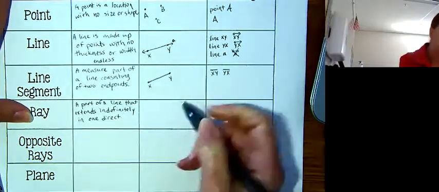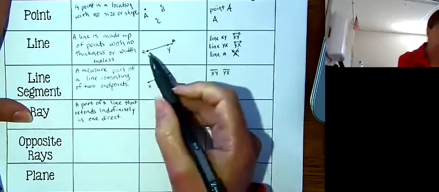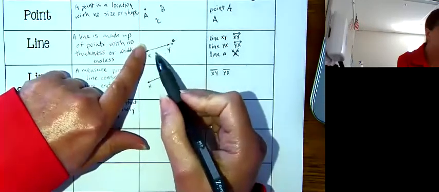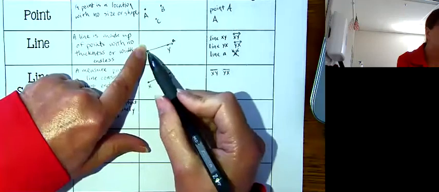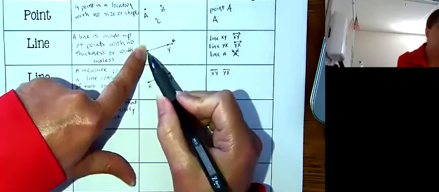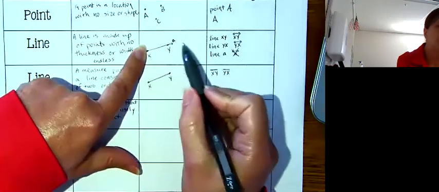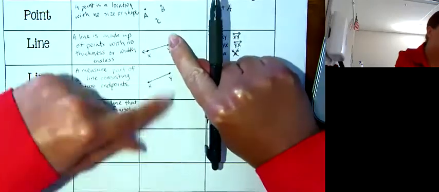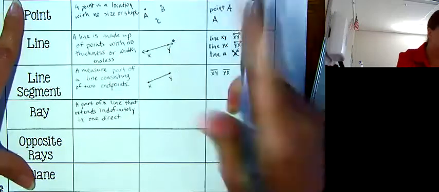Same thing here, if I went back up to this line, a line is actually made up of 2 different rays. If I cover up this extension on here and I just have an actual starting point, or what's called an endpoint, it goes in just one direction. If I cover up the line part on the opposite side of Y, this one goes just in one direction.